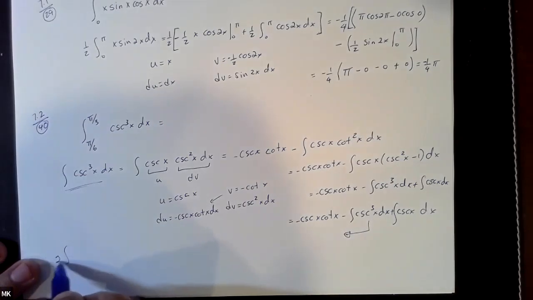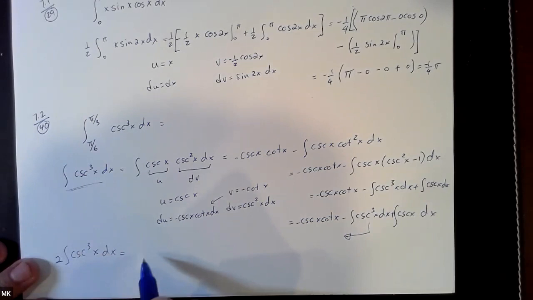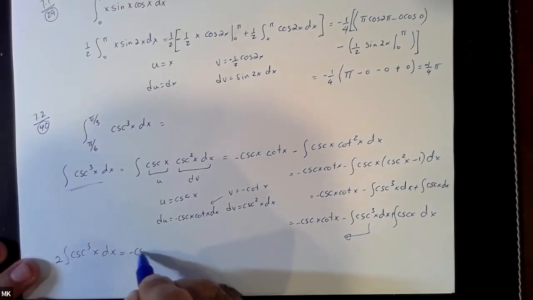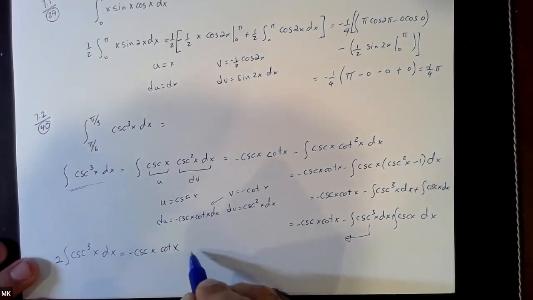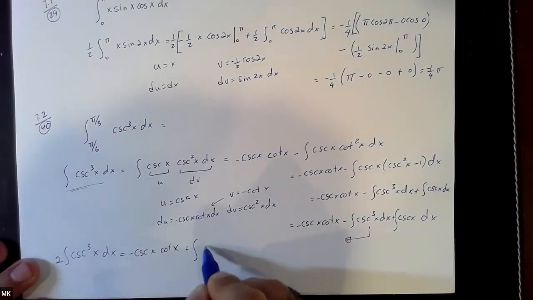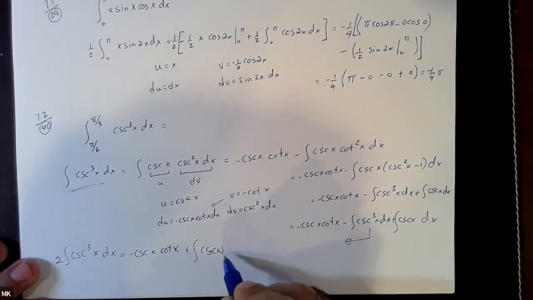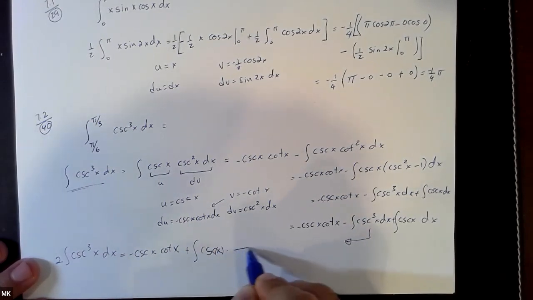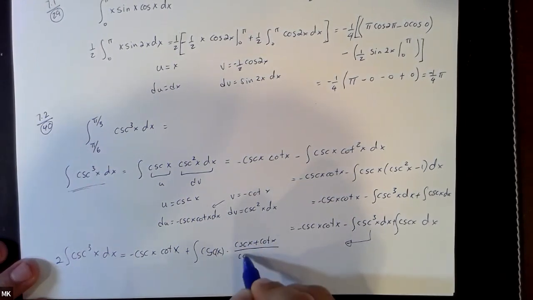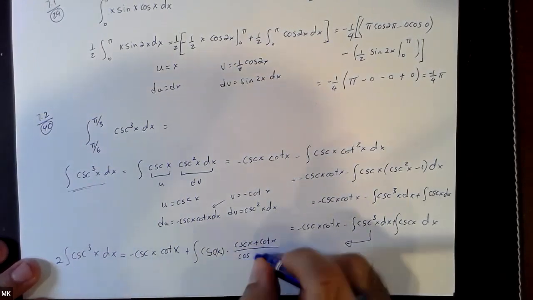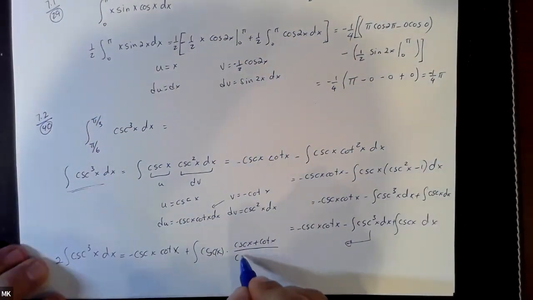So you have twice the integral of cosecant cube x dx is negative cosecant x cotangent x plus, and let's just do cosecant x, multiply top and bottom by cosecant x plus cotangent x. Yeah, that's it. I write more cosines than cosecants, obviously.